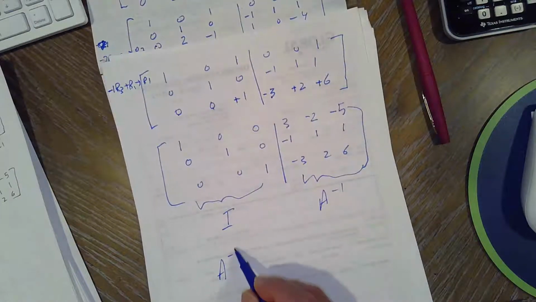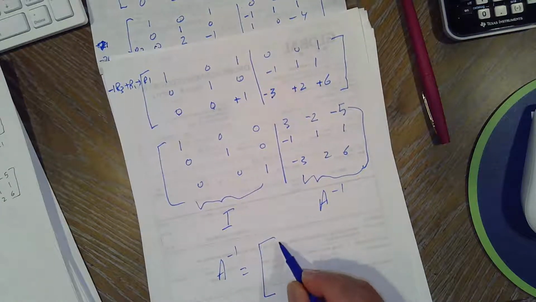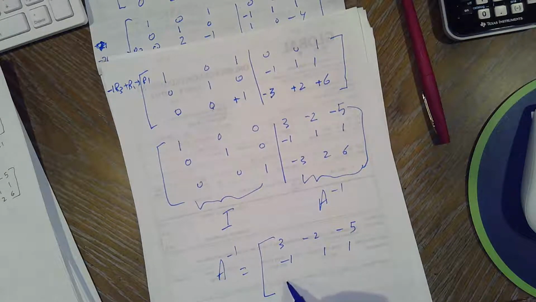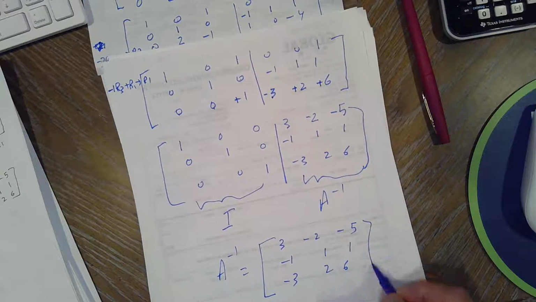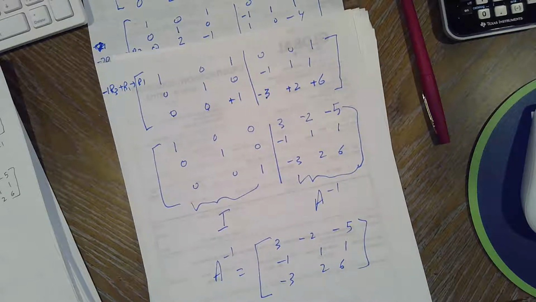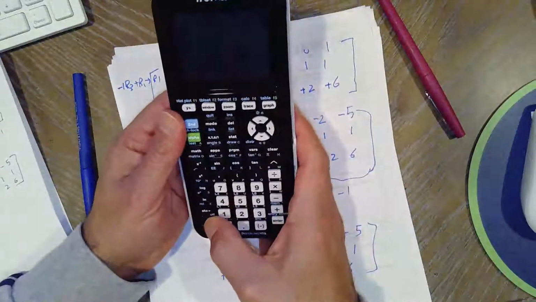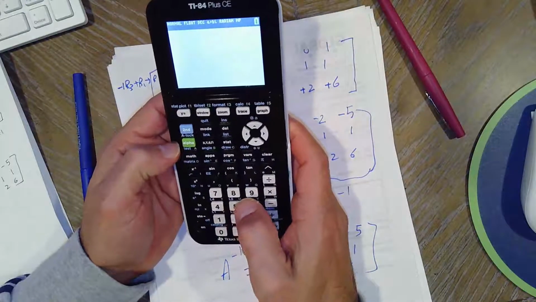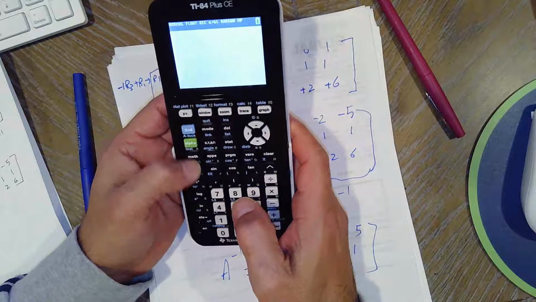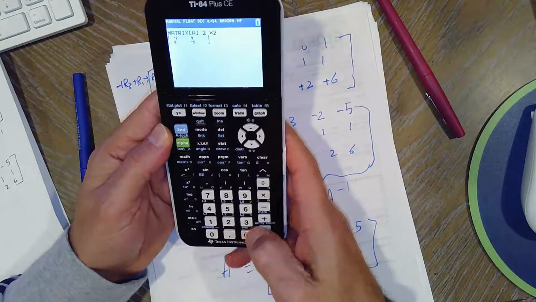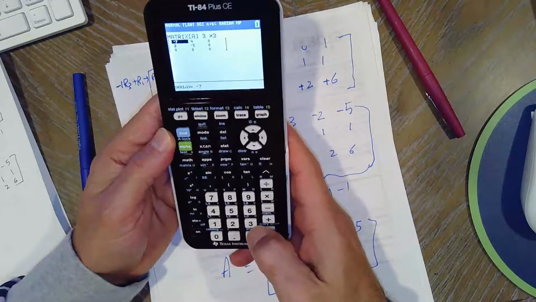So A inverse is 3, -2, -5, -1, 1, 1, -3, 2, 6, and we have a calculator. We're going to check it. So we're going to go to second x inverse, go to matrix. We're going to hit matrix A, which is 3 by 3.